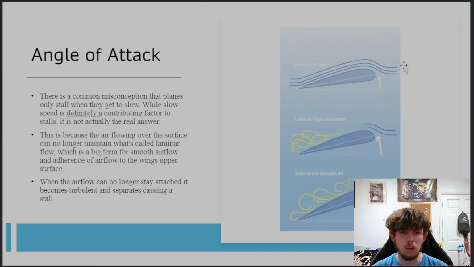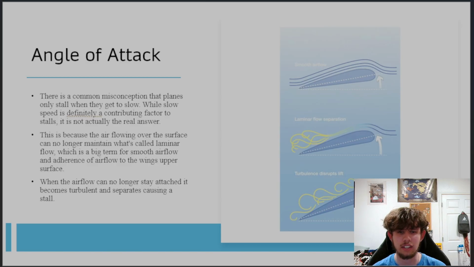There's no longer a laminar flow, which is just the smooth connected flow of the air to the top surface of the wing. If it gets bad enough, that turbulence that starts to form can actually creep forward and cause a stall all the way up the surface of the wing.